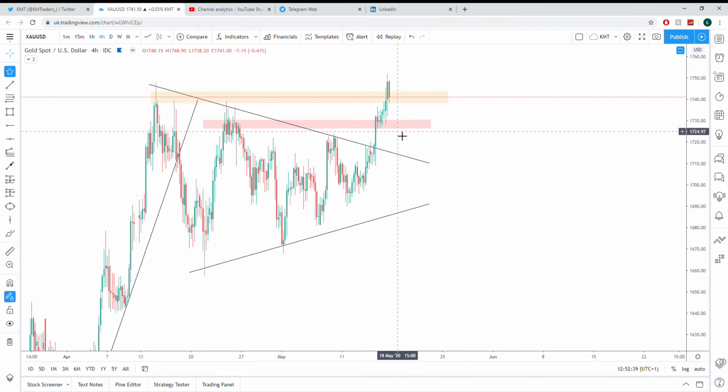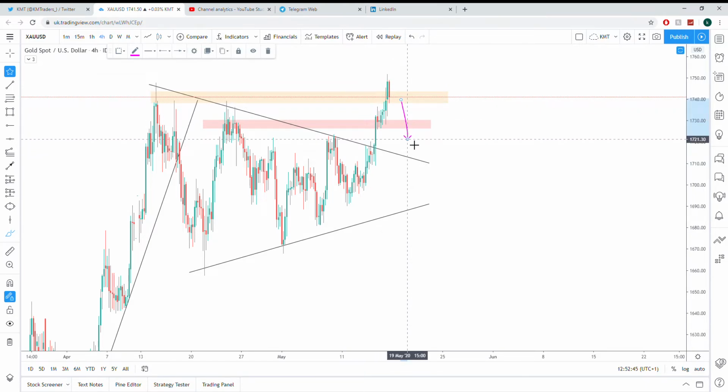So if price descends below this point here, we will be looking to sell the market. That's because the structure and the momentum has clearly reversed at this point, and we're looking to descend down. This orange zone that we've got here is our form of support.